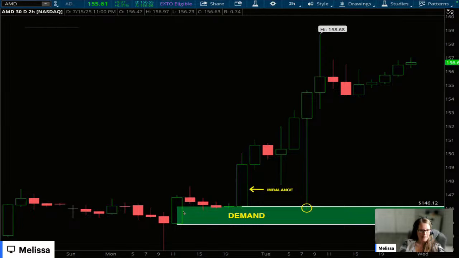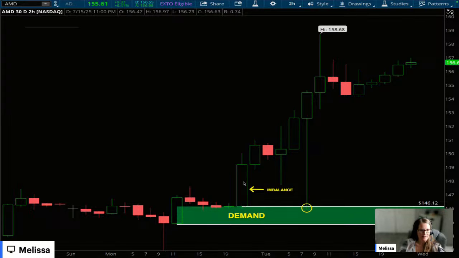This created a buy the dip zone or a demand zone here at 146.12 by 144.82.